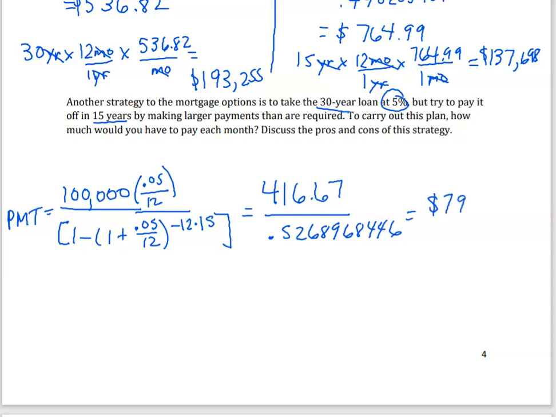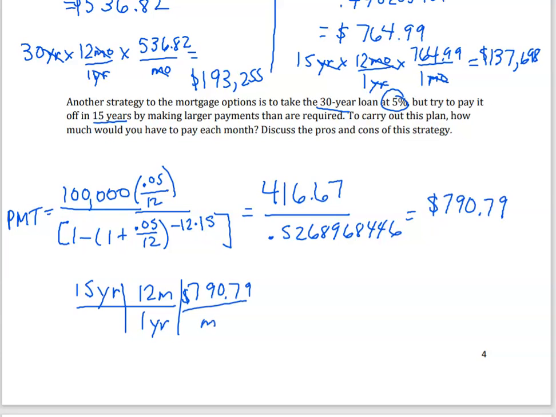I'm getting $790.79, which is more than you're paying for the 15-year loan, but that was because the interest was less for that. And so if you take 15 years, and there's 12 months in 1 year, and we're paying this payment of $790.79 every month.